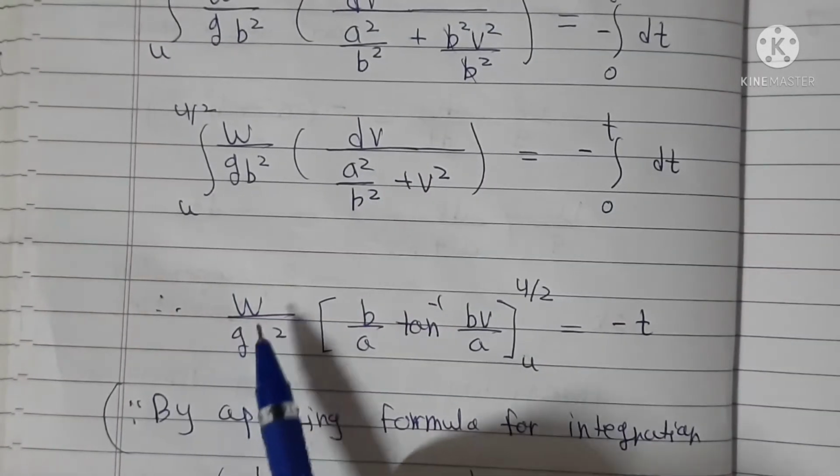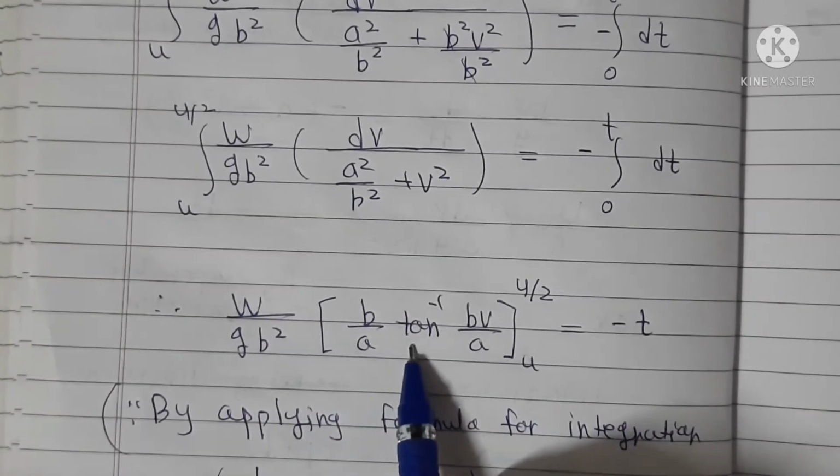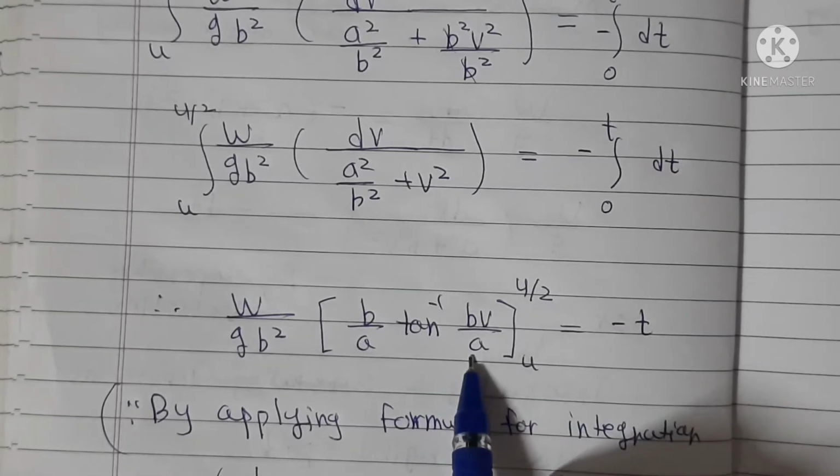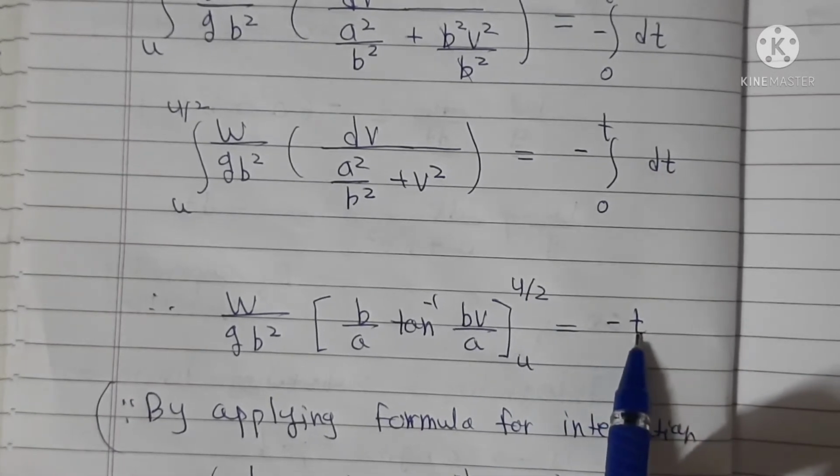Therefore W upon g b square into b upon a tan inverse of bv upon a from u to u upon 2 is equal to minus t.